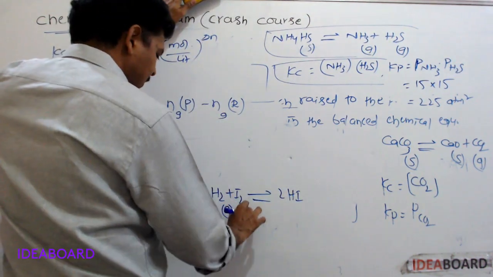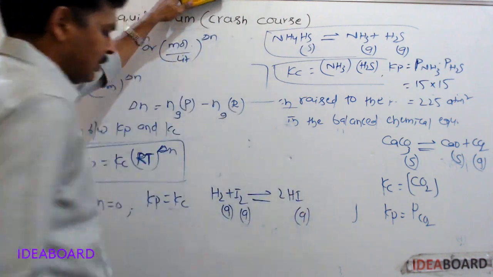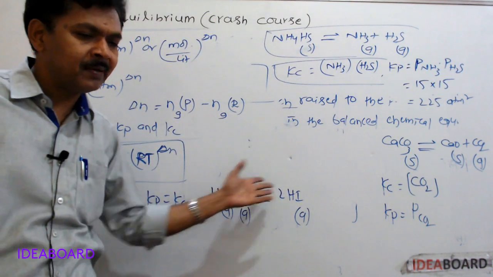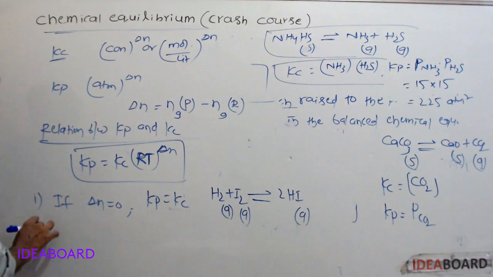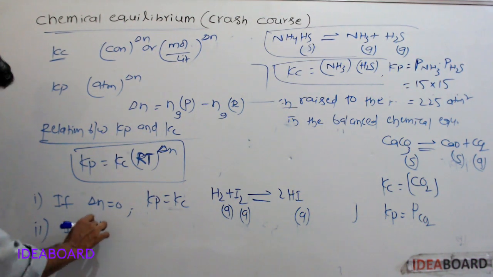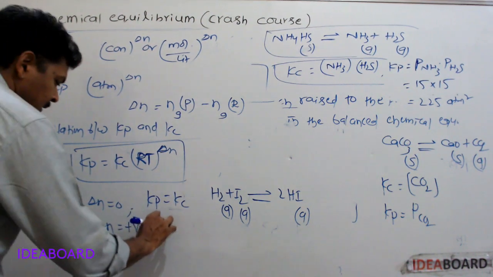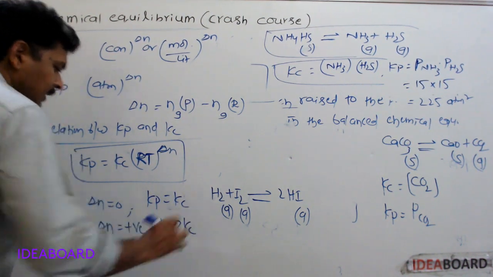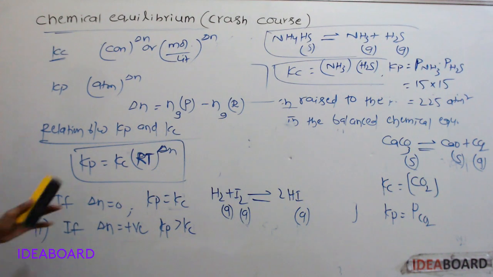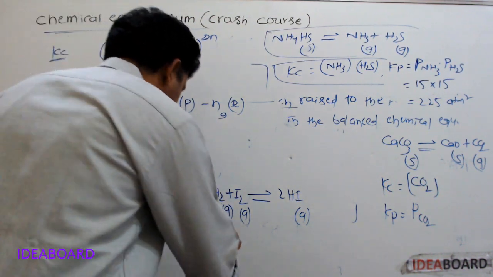For this reaction, delta n is equal to 0, then Kp is equal to Kc. If delta n is positive, then Kp is greater than Kc.